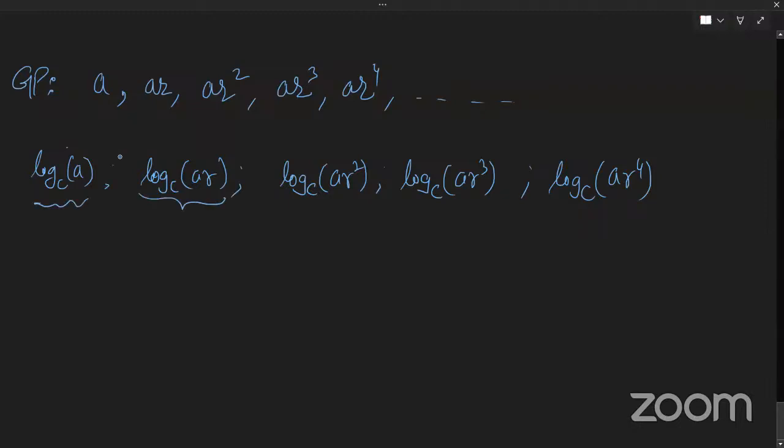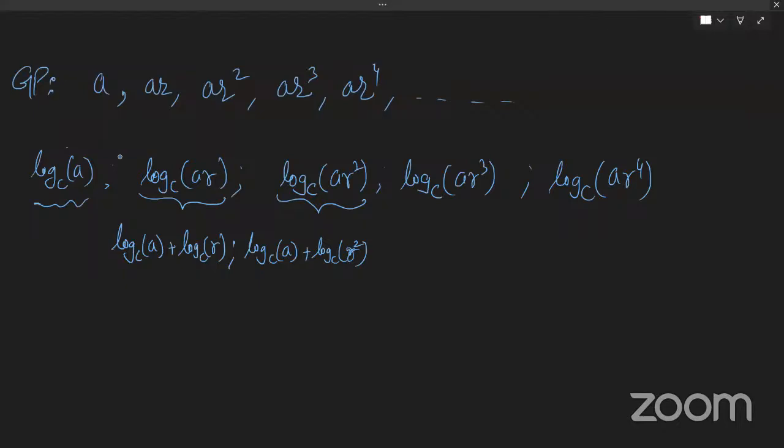Now, if you correctly remember, there was a property. What is log of A into B? It is log A plus log B, right? So log C of AR is log C of A plus log C of R. And log C of AR square is log C of A plus 2 times log C of R. What is the formula for power?